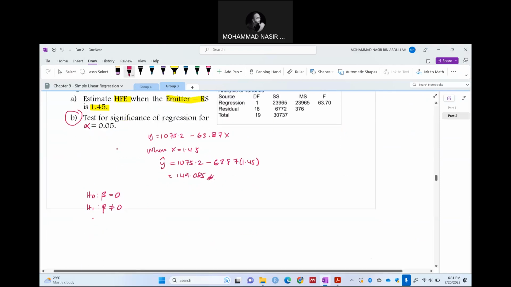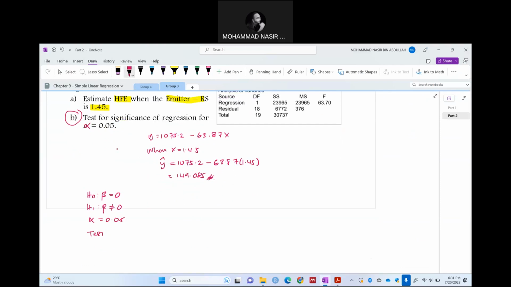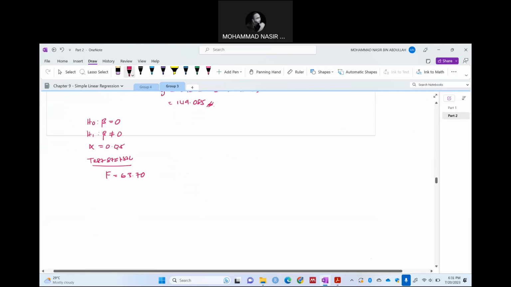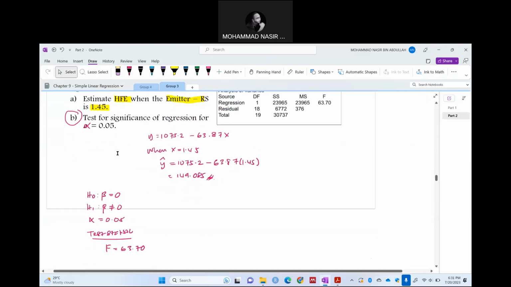Alpha 0.05, test statistic F equals 63.70. You know how to get the F value from this table, right?